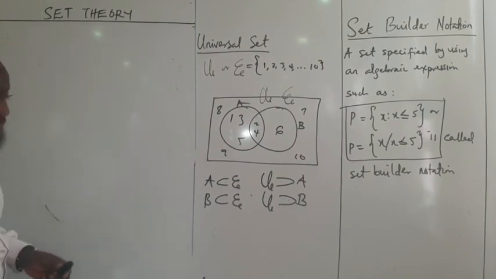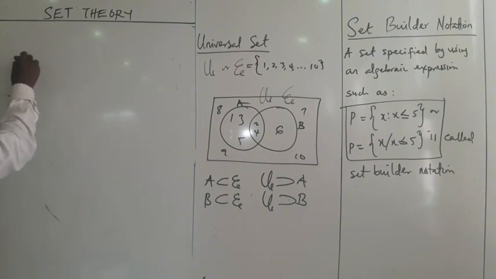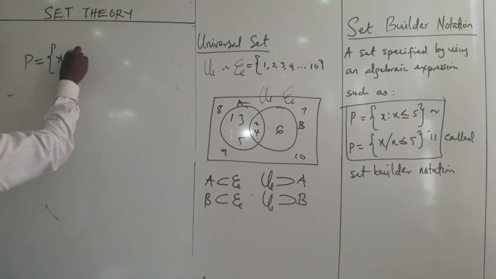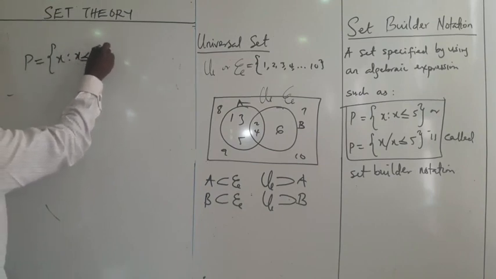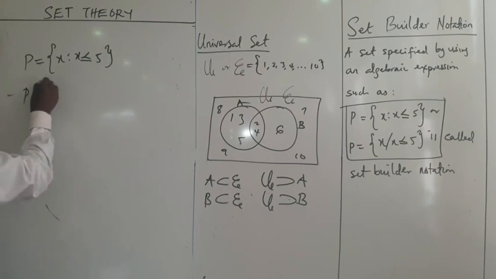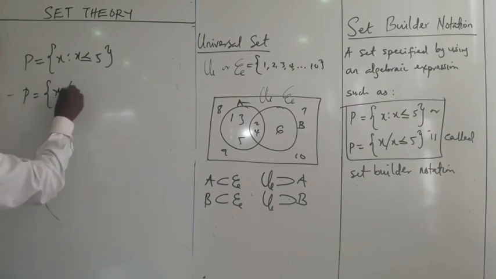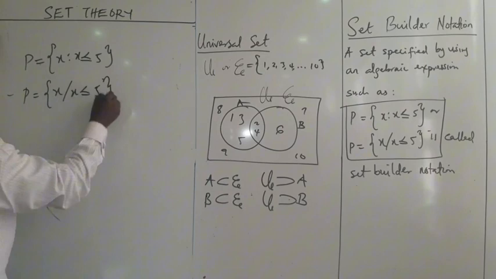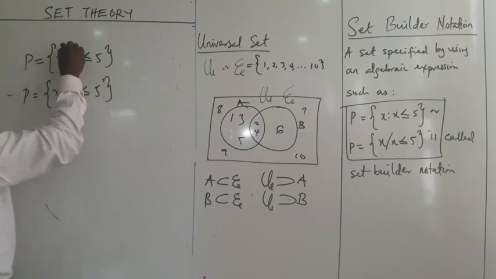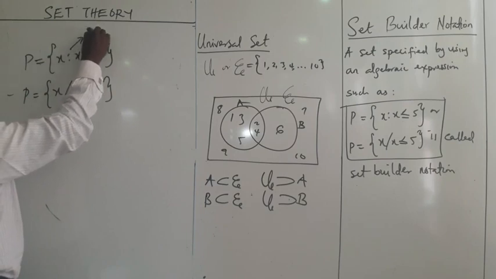Now, a set that is written P equals X colon X less than or equal to 5. How do we read this? It can also be written this way: X slash X less than or equal to 5. What does it mean? The colon you have there means such that.